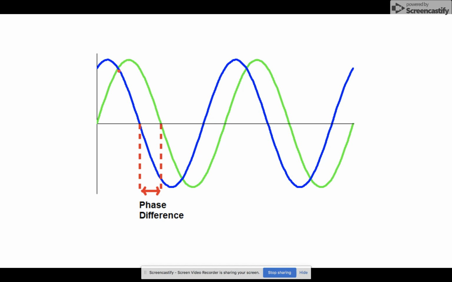Another way to see this is throughout the rest of the graph, the blue wave arrives at 180 degrees first, and then at a later time, the green wave arrives. Or the blue wave rises again to 90 degrees before the green wave rises. So the blue wave is always leading ahead of the green wave.